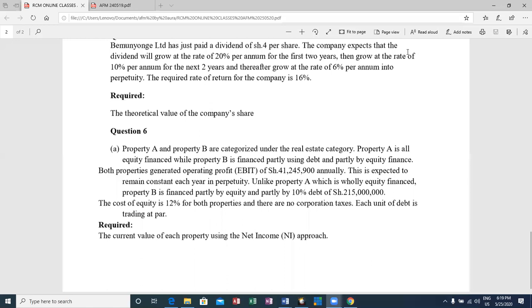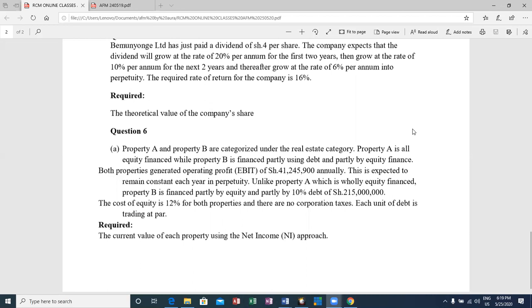Kennedy Mutuko says 164, 569, 549, I mean. Let's do it together. So we want to get value of equity of property B. You see property B, ladies and gentlemen, has debt. Once I see debt, I'll be interested in that debt so much. The debt for property B is 215 million.